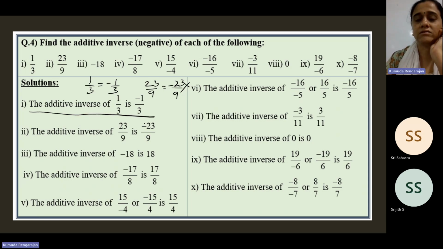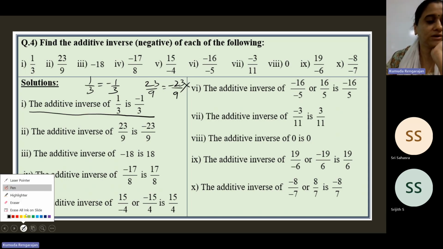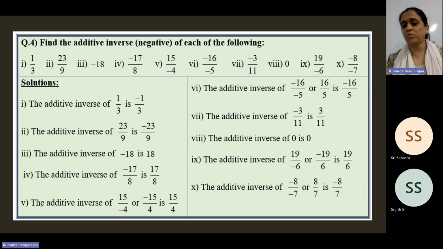Now we've been answering it roughly, so if you've written it like that, that's fine. But otherwise, when you are answering this question in your classwork notebook, other than just discussing roughly like this, you have to write it as a statement. The additive inverse of 1 by 3 is minus 1 by 3. All right.